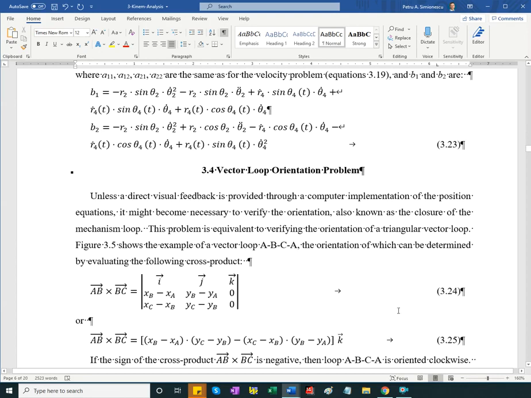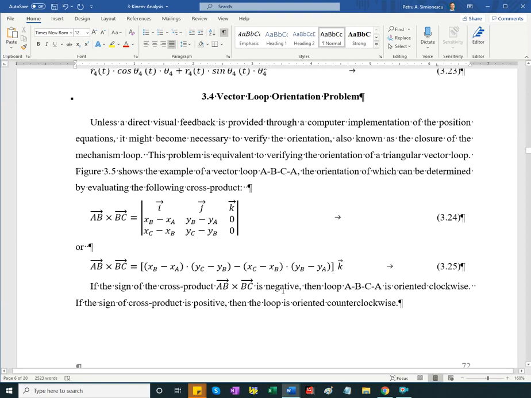A side problem would be to tell the orientation of a vector loop, and this can be done by evaluating the cross product. So the cross product of two vectors has a k-axis component of (xb minus xa) times (yc minus yb), minus (xc minus xb) times (yb minus ya), stated here.